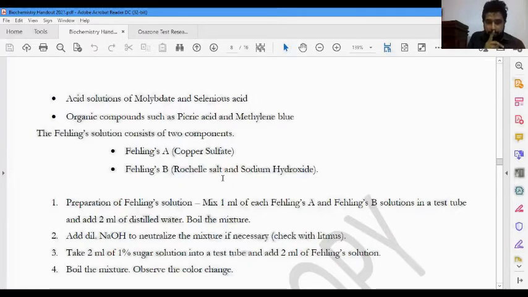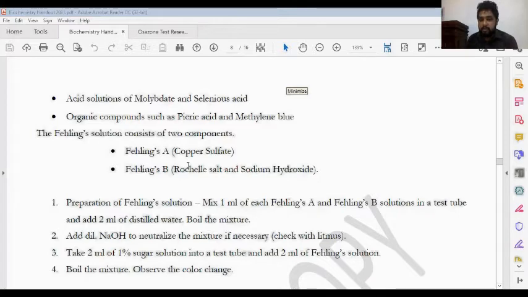Then let me ask, what is the active component of Fehling solution? You know these things, ligands and so on. It is cuprate(II), Cu2+, and the actual complex is, you know that copper is a d-block element, and it can form complexes with ligands.